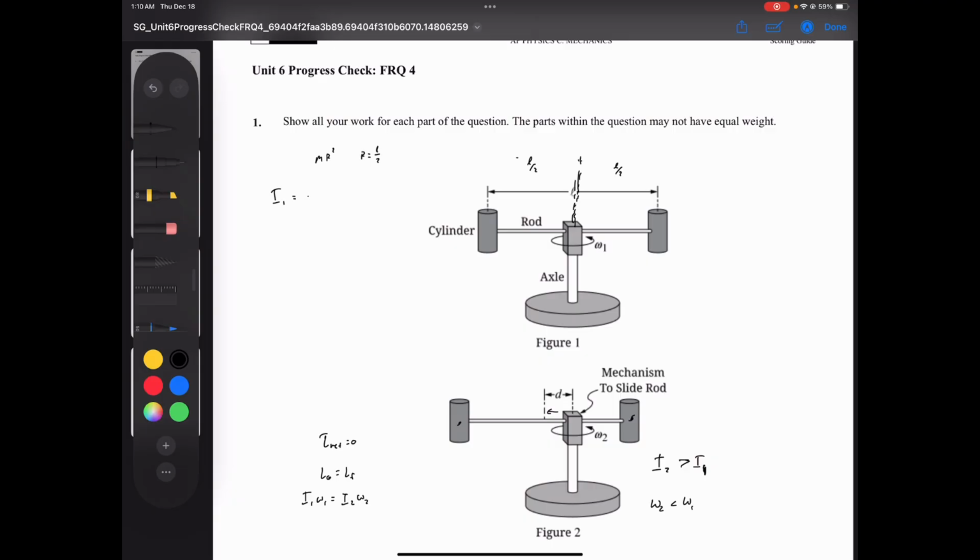So I have m times L over 2 squared plus m times L over 2 squared. This comes out to mL squared over 4 plus mL squared over 4, and that equals mL squared over 2. So that's my initial moment of inertia.